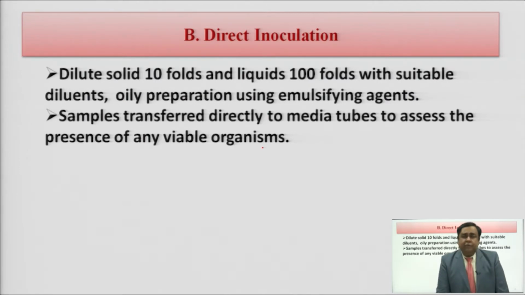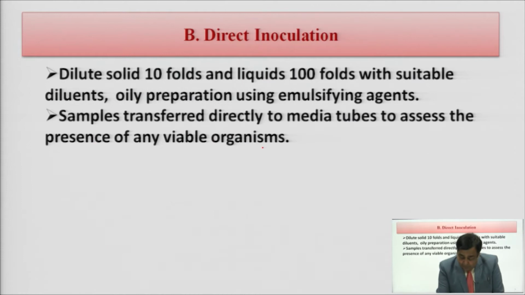The other technique which we also use to determine whether the substance has been properly sterilized or not is what we call direct inoculation. Here the samples need to be transferred directly into the media tubes to assess the presence of any viable organism.